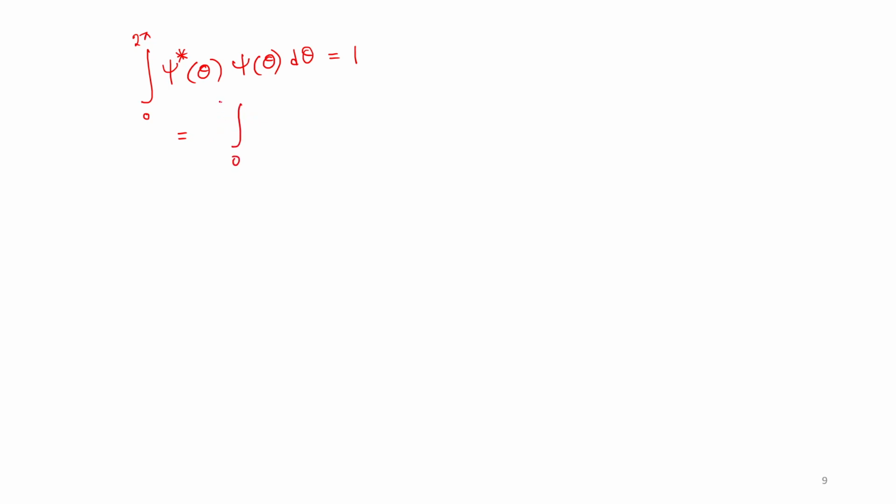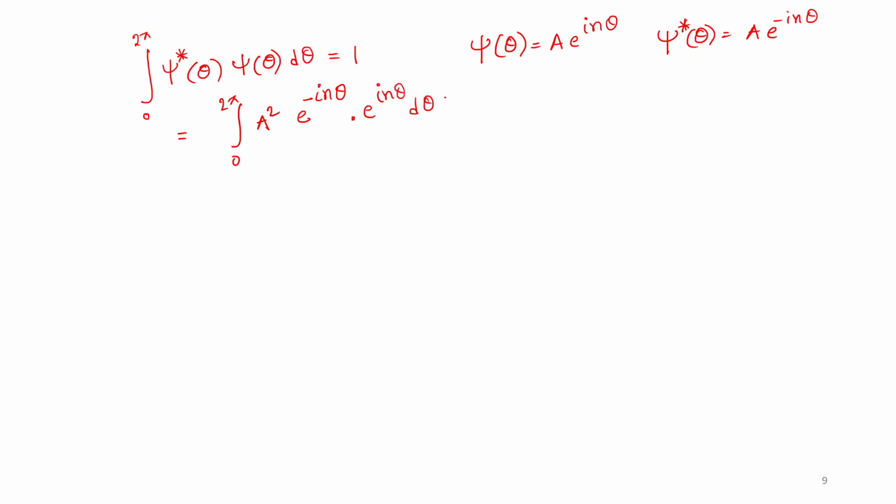Now from 0 to 2 pi, your psi of theta is A e to the power i n theta, so psi complex conjugate is A e to the power minus i n theta. So I write A square e to the power minus i n theta into e to the power i n theta d theta equal to 1.